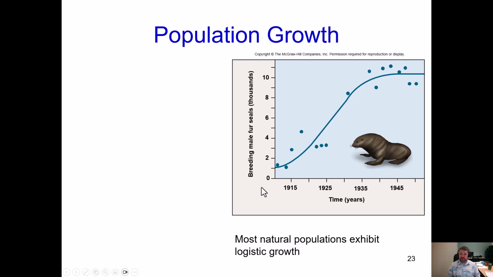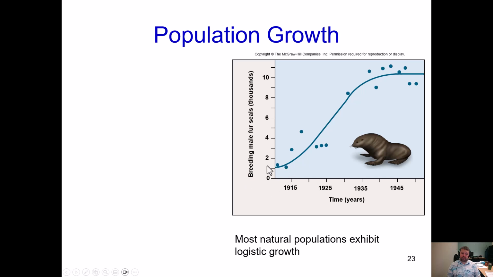They've never had to run from a terrestrial predator, and so these fur seals, you could just step off the boat and club them on the head and take them back and take the pelt, and that's exactly what happened. So we knocked the population down a lot, almost to extinction on a lot of the fur seal species.